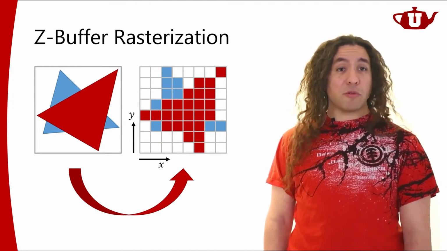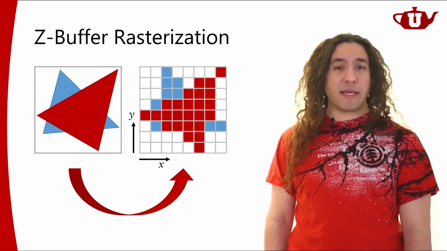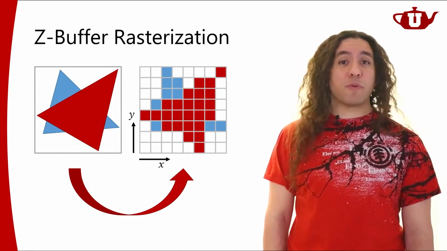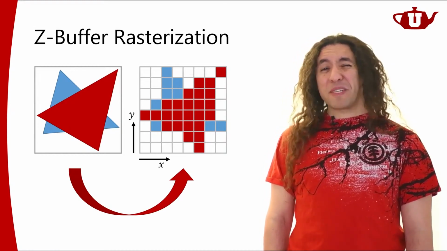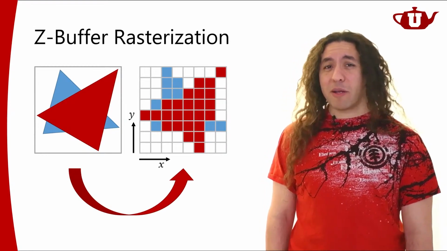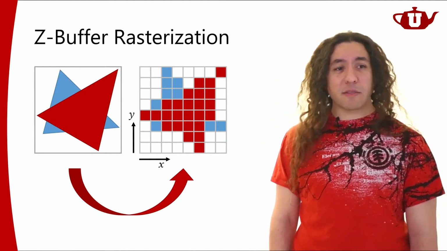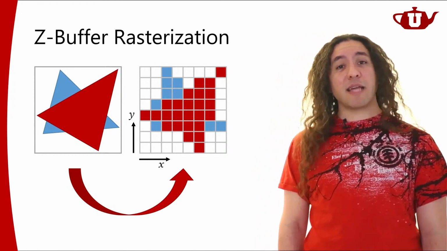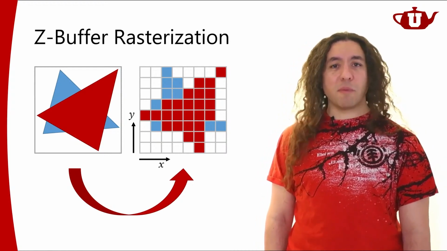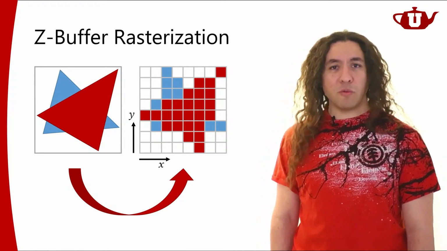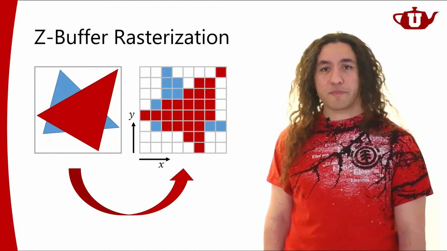And our GPUs, implementing z-buffer rasterization, are able to do super sample anti-aliasing or multi-sample anti-aliasing. Our topic today is not anti-aliasing, so I'm not going to get into other types of anti-aliasing today, but there are other anti-aliasing techniques that are supported by our GPUs today. But those are the basic anti-aliasing techniques that are used in z-buffer rasterization.